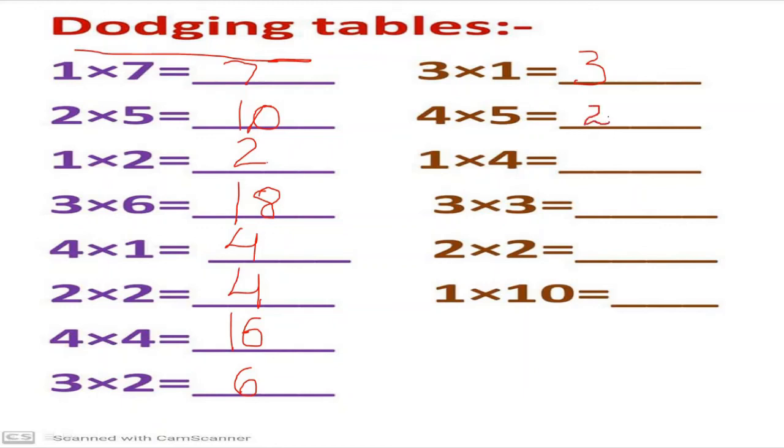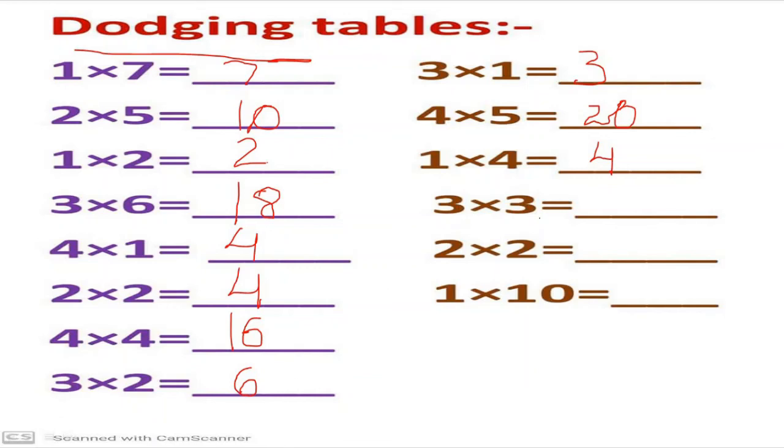Isn't it interesting? This is very interesting for me, my dear. Okay. 1 fours are. Should I start counting from 1 ones are? No. You all are my brave students. 1 fours are 4. Very good. 3 threes are, look, 3 ones are 3, 3 twos are 6.